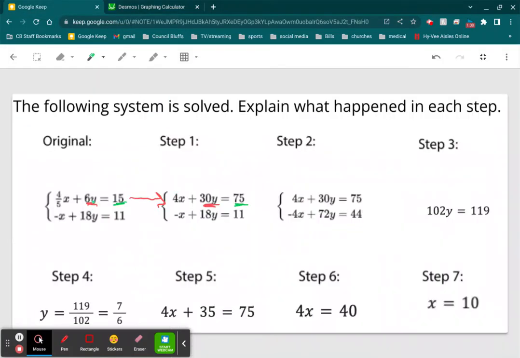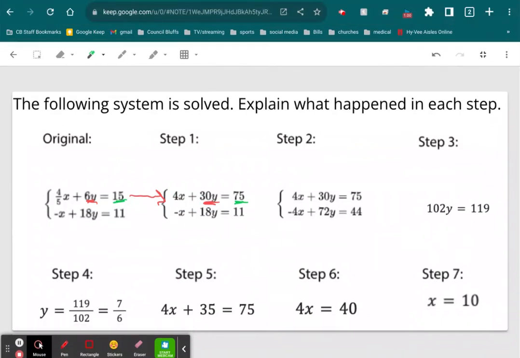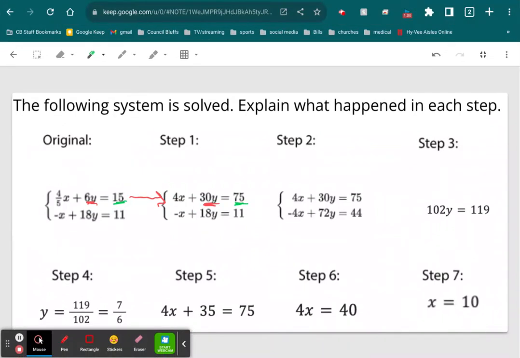All right, and then we know that 6 times 5 is 30, and 15 times 5 is 75. So pretty clearly the step here was to multiply the first equation by 5, to get 4x plus 30y equals 75.